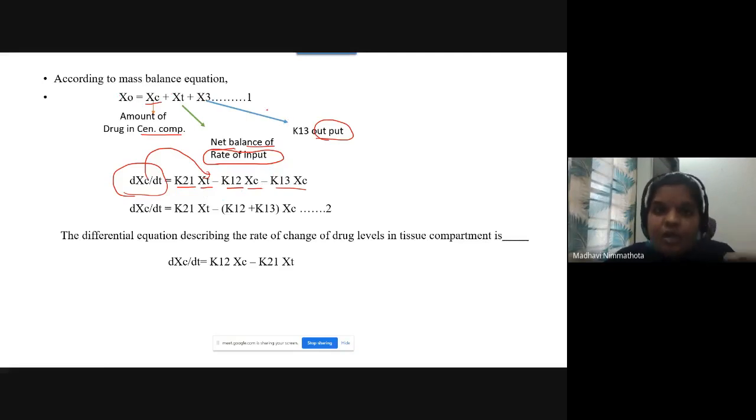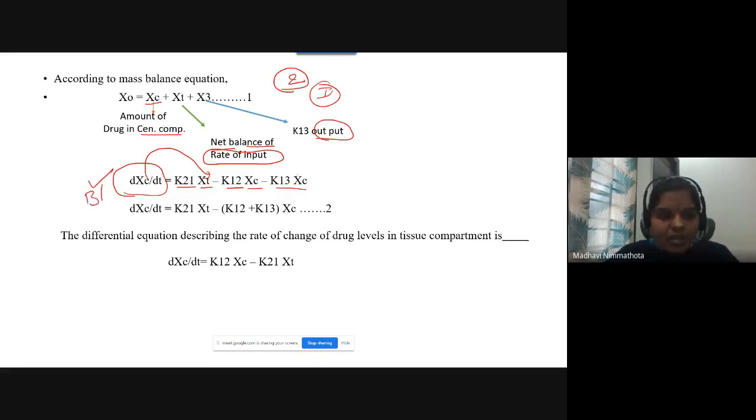So here you have two methods to calculate this two compartment IV bolus administration. This is one method, that is according to the mass balance equation. First you have to remember this basic equation.